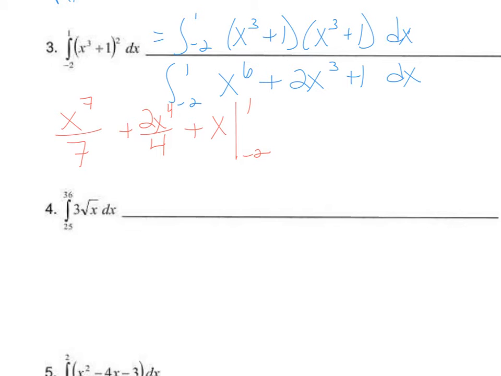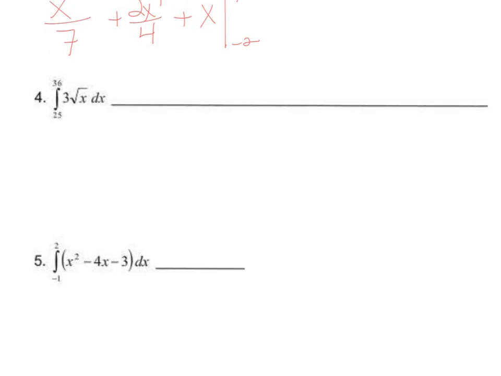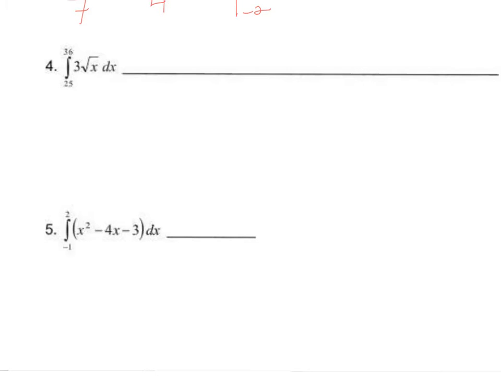Okay, so now I've revealed number 4. Let's do that one. Before we can do the antiderivative, I'm going to change the radical to a 1/2 power. So now we can bring down the coefficient, add 1 to the exponent divided by the exponent.